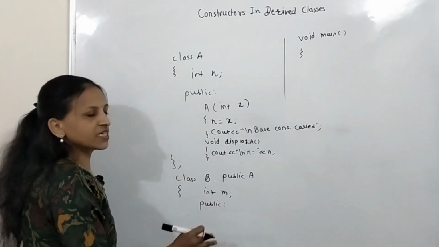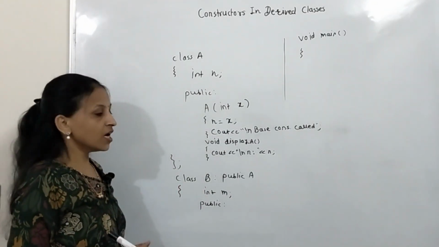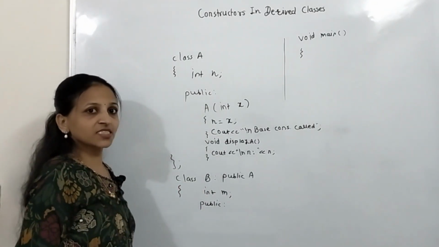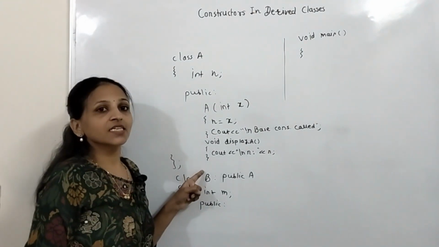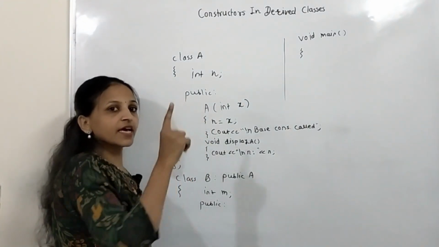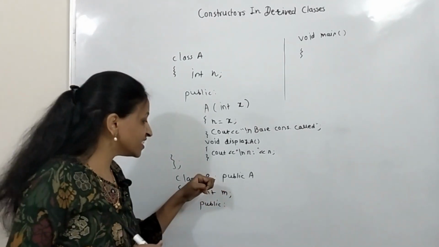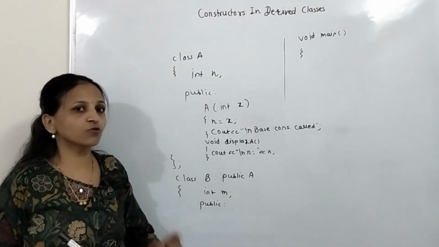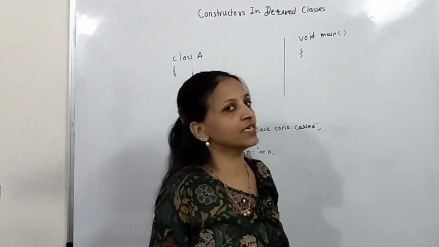Now inside the public section, we have to write a constructor again for this derived class. We have just discussed that if any base class is having a parameterized constructor, then there is a compulsion that through the derived class constructor we have to call the base class constructor explicitly.